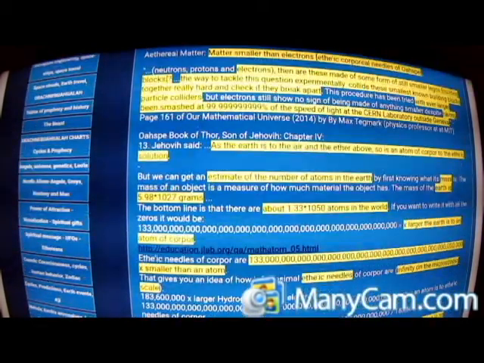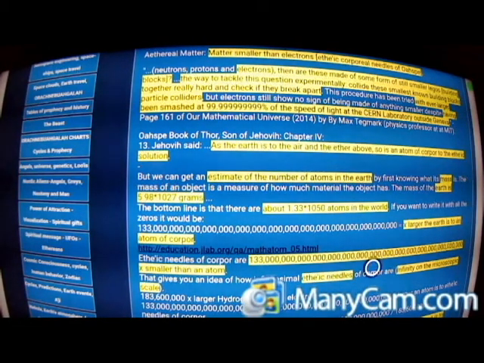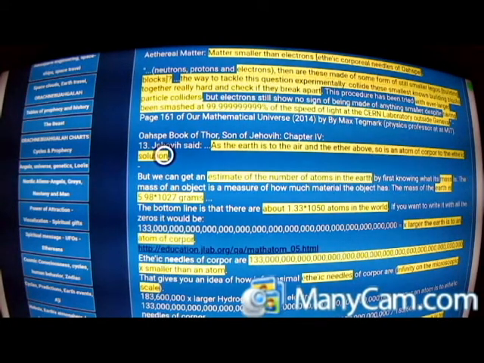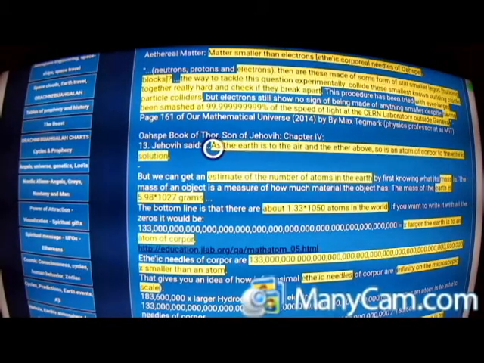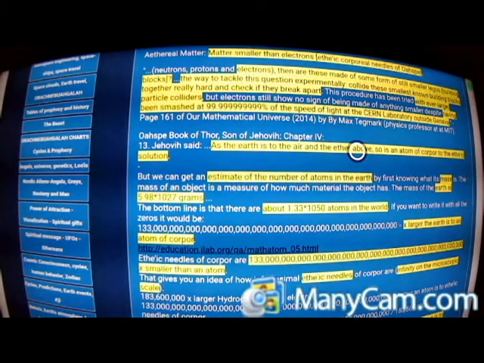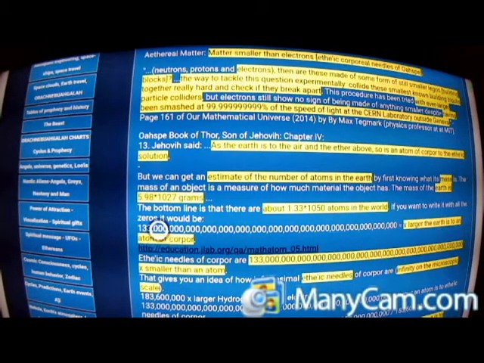Etheric needles of copper are that many times smaller than an atom, just going by that verse in Oahspe, Book of Thor, Son of Jehovah, chapter 4, verse 13. Jehovah said, as the earth is to the air and the ether above, so is an atom of copper to the etheric solution. So that large number right there represents how many atoms there are on the earth.